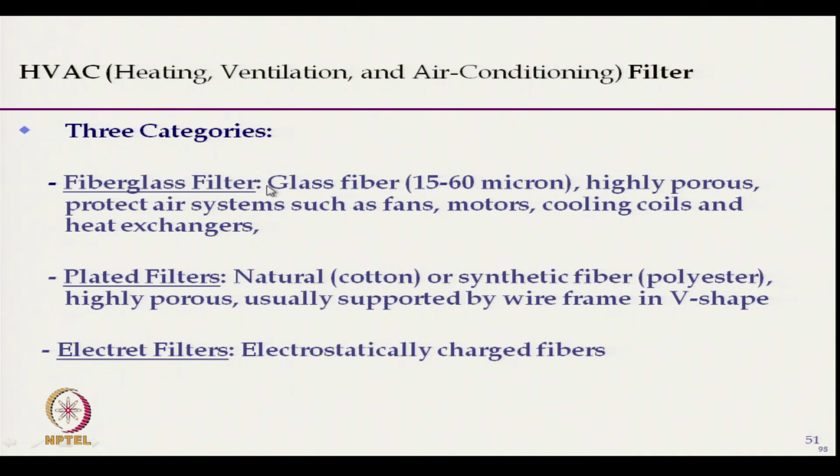Then there are plate filters, where natural and synthetic fibers are used, and electret filters, where electrically charged fibers are used. So, HVAC filters are mainly used as coarse filters.